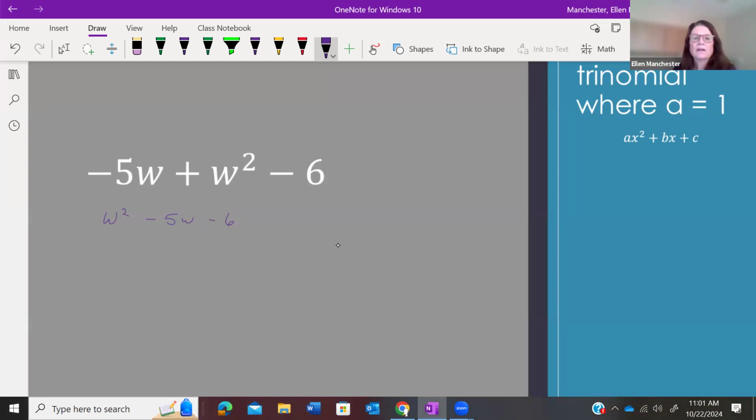Okay, give you a couple minutes to think about it. Factors of -6 that when I add, I get -5. And be careful of the signs. If it's factors multiplied, one has to be negative, one has to be positive.